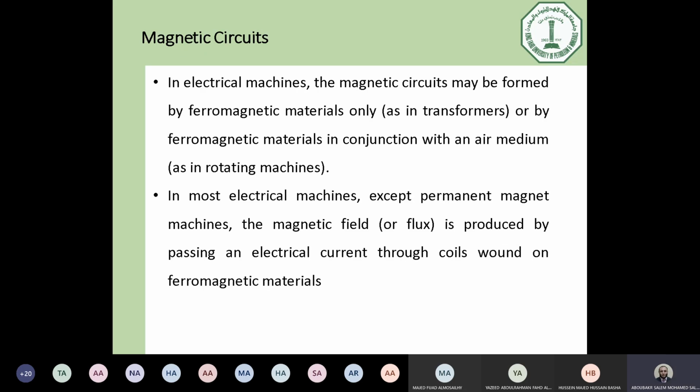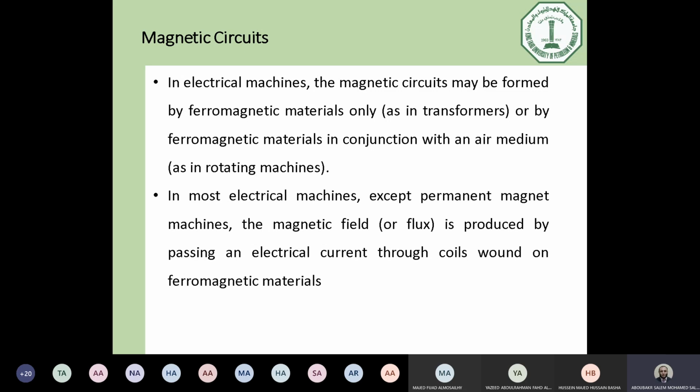So firstly, as we described, electrical machines have magnetic circuits in terms of stator and rotor cores and the coils. Transformers have magnetic circuits. Why do we need a magnetic circuit in these applications?